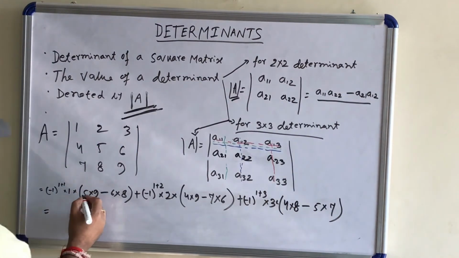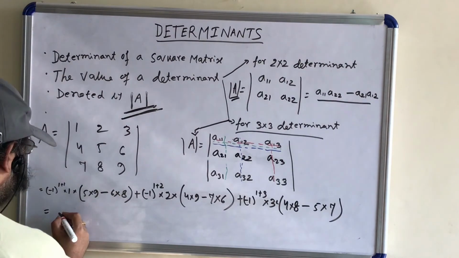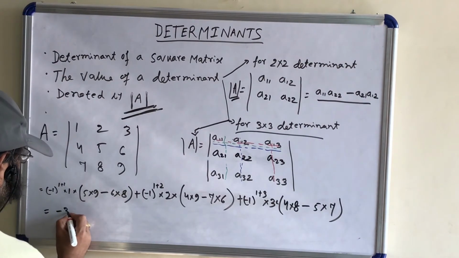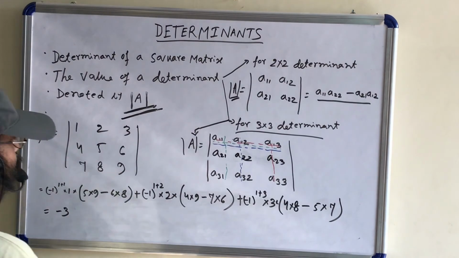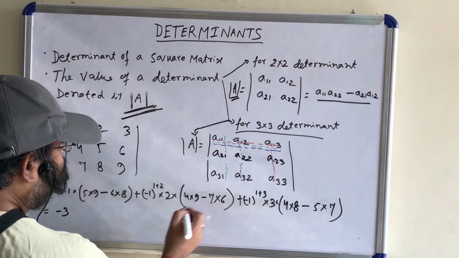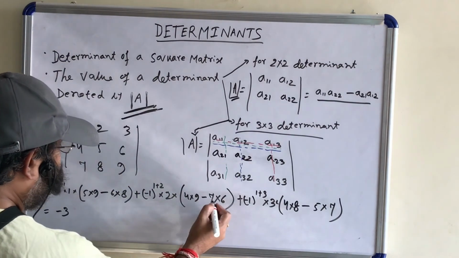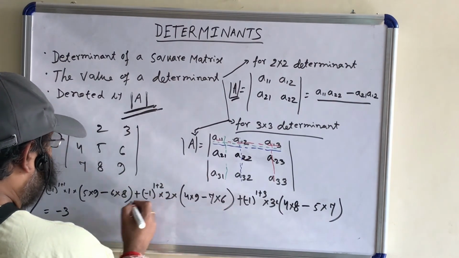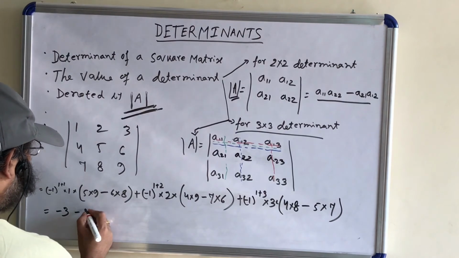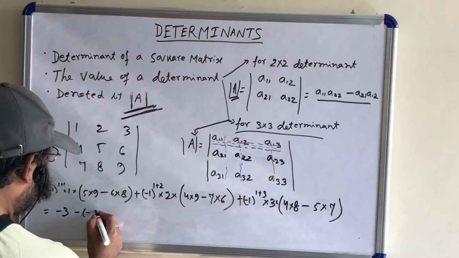Equal to 5 9 45, 45 minus 48, that is minus 3. It will be minus 3; then 4 9 36, 7 6 42, so 36 minus 42 is minus 6, and minus of minus 6.